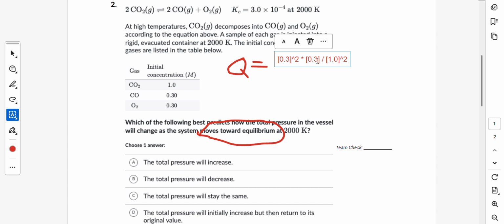So now that I do that, my Q value, and it's got to be uppercase Q, Q is equal to 0.027. That's my constant value as we approach equilibrium. Now let me take a look back at my notes.